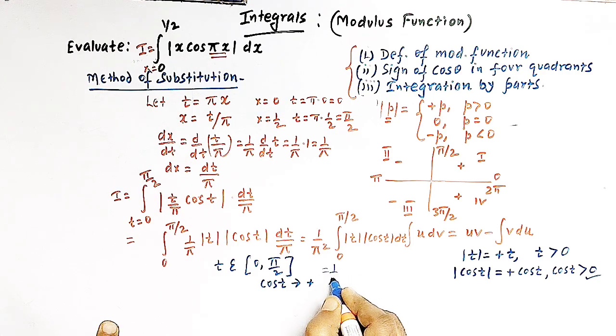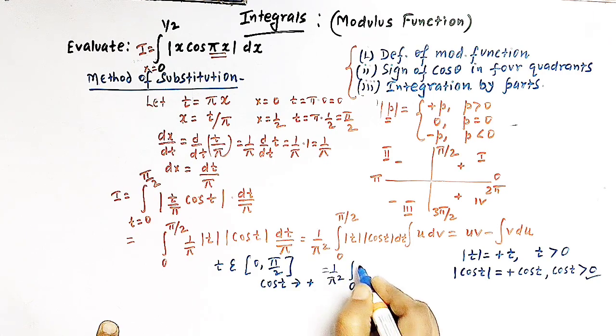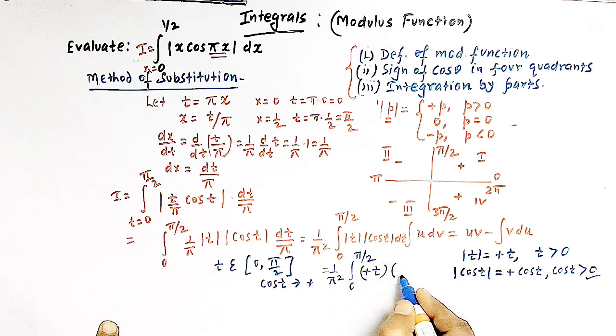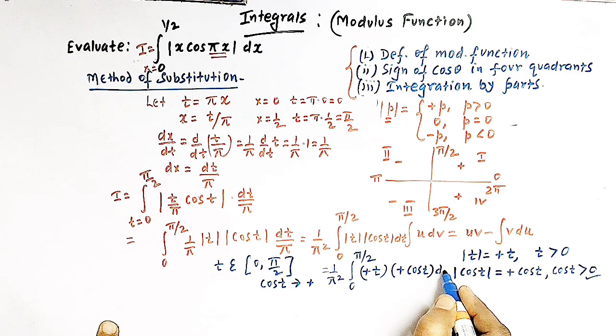So we can now write 1 over pi square, here we have 0 to pi by 2. Mod of t is positive t, and mod of cosine t is positive cos of t, and here we have dt. So now we have 1 over pi square, 0 to pi by 2, and we have t times cos of t and dt.